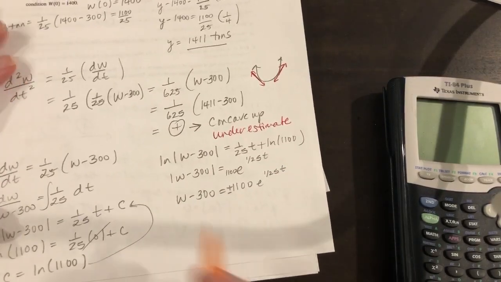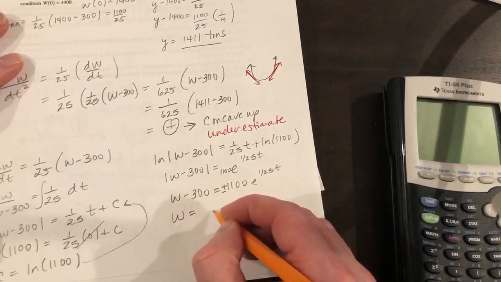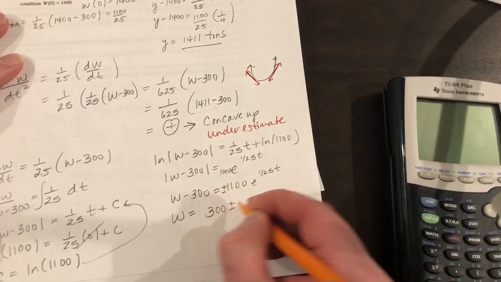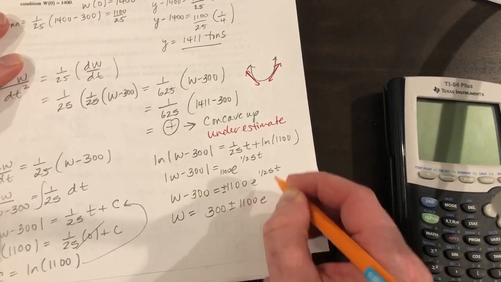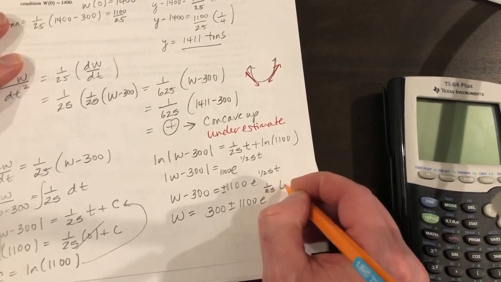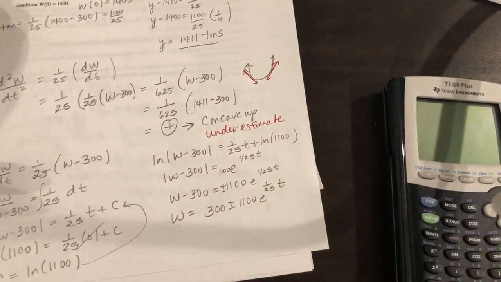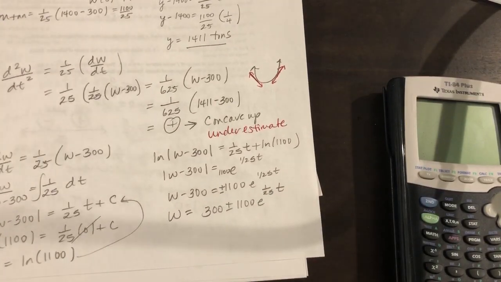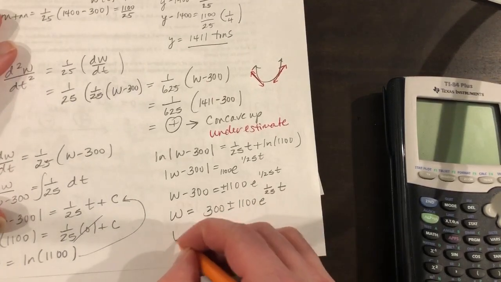And then from there, we're going to add the 300. Okay, now we have to choose which branch we're going to be in. So if I plug in a 0, I have to get 1400, so I'm going to be in the plus branch.